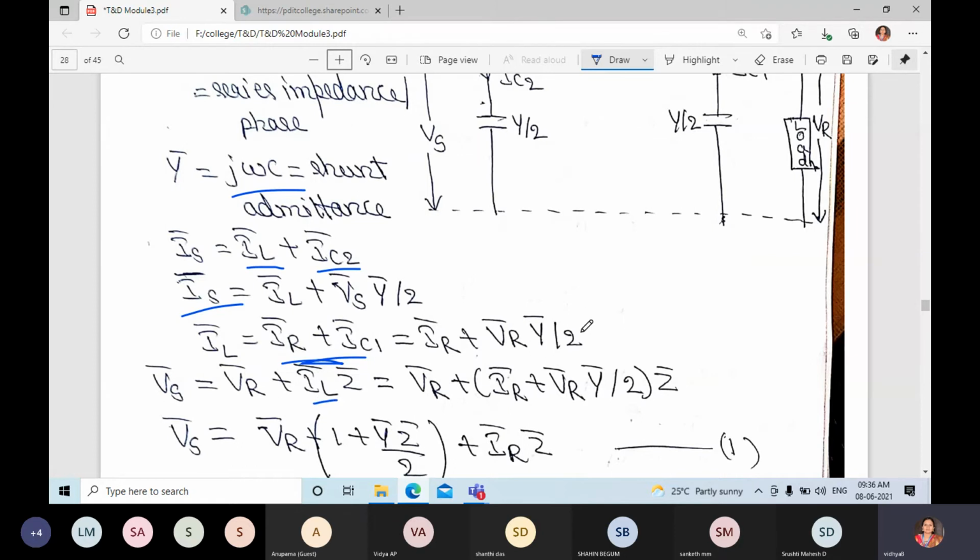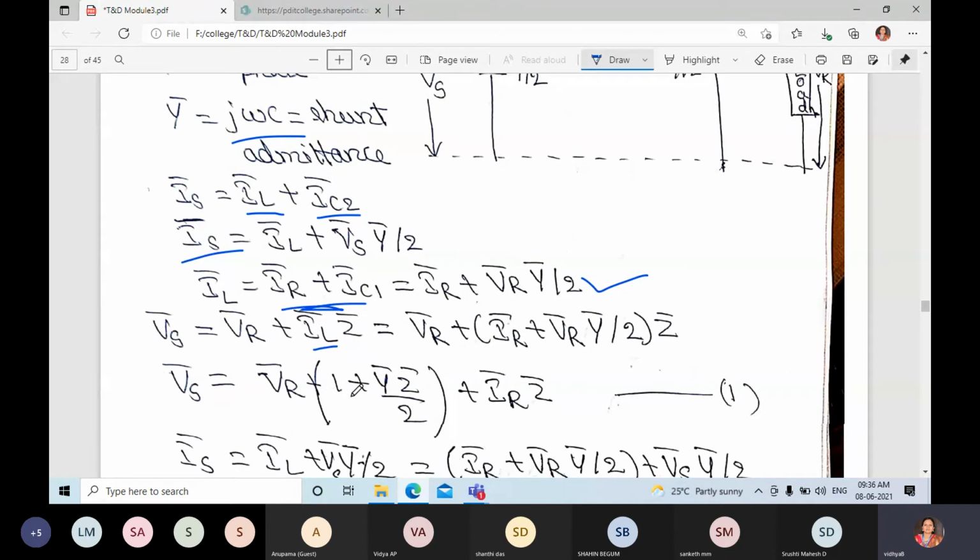We know the value of IL, so substitute: IR vector plus VR vector Y vector divided by 2. So what you will get in the equation: VR plus, if you take out the common VR, 1 plus Y vector Z vector divided by 2, plus IR vector Z vector. Then this is nothing but A, and this is nothing but B.